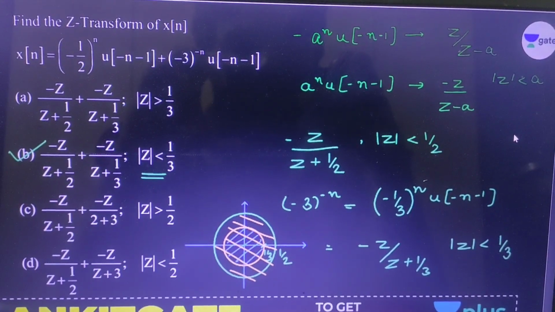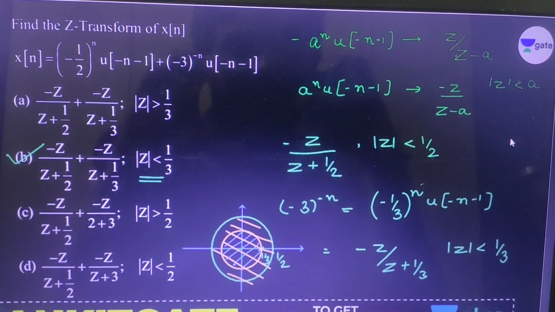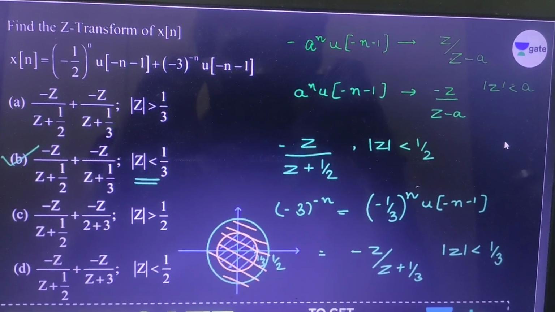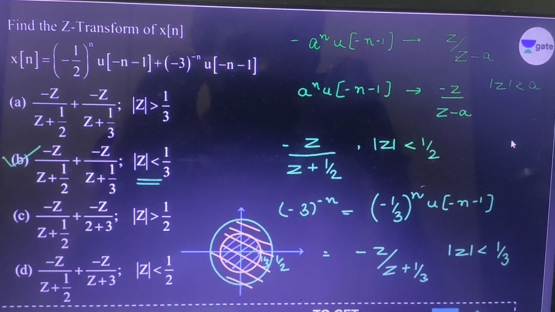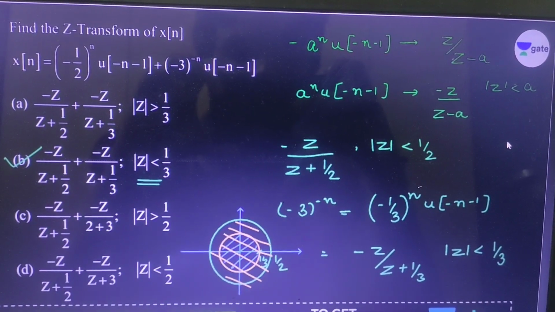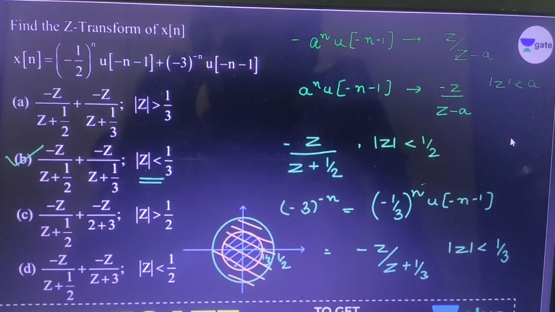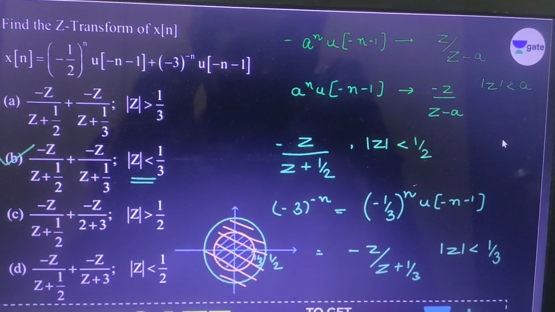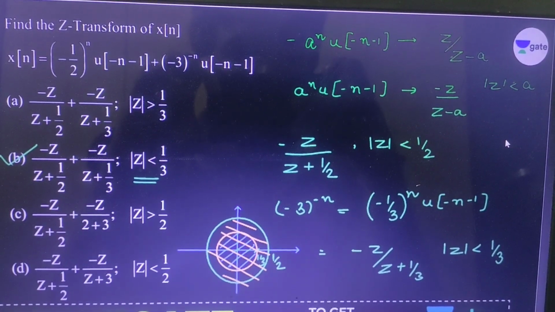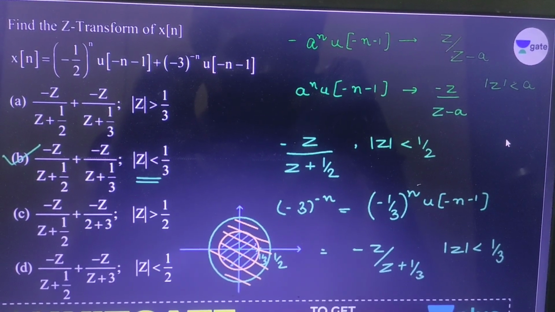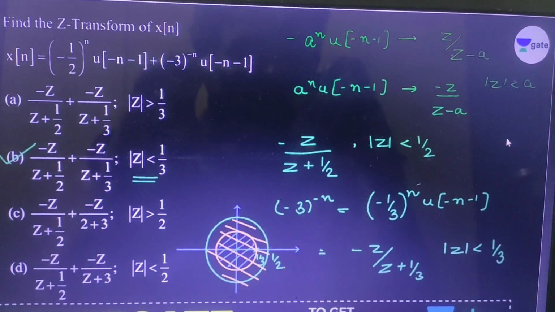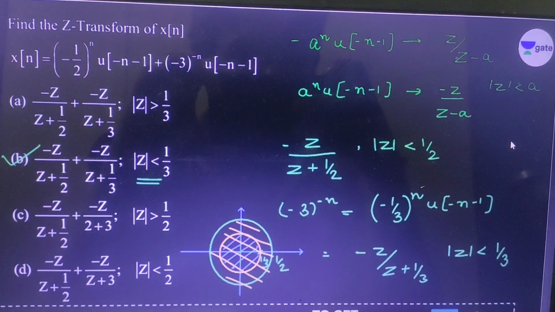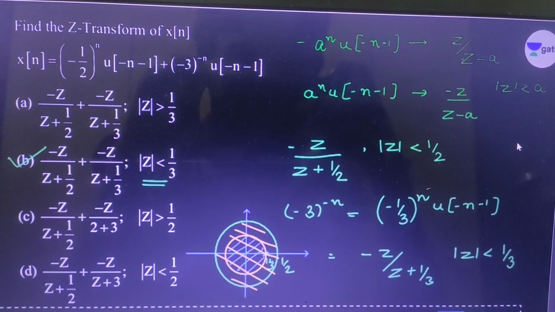Here it is in the form of minus 1 by 2 whole power n u of minus n minus 1, so you will write it as minus z by z plus 1 by 2, where z is less than 1 by 2. Minus 3 whole power minus n you will write as minus 1 by 3 whole power n u of minus n minus 1, so you will write minus z by z plus 1 by 3, where z is less than 1 by 3.